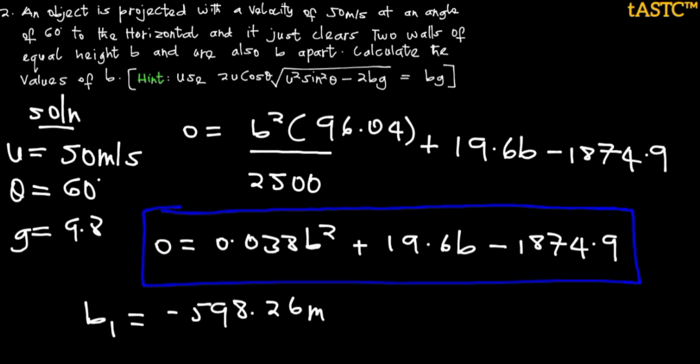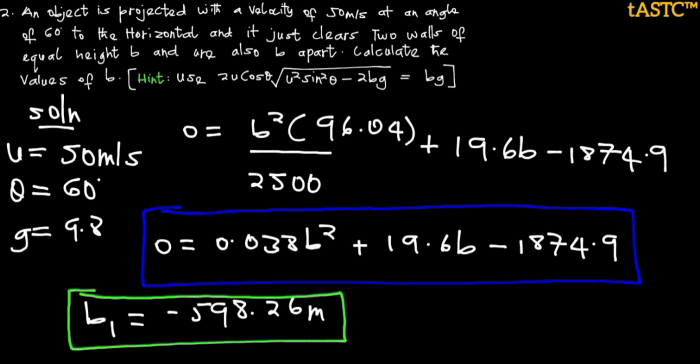So this will be one value for the height, which is actually what we're finding. And another value you're going to have is b equal to 82.47. So that will be 82.47 meter.